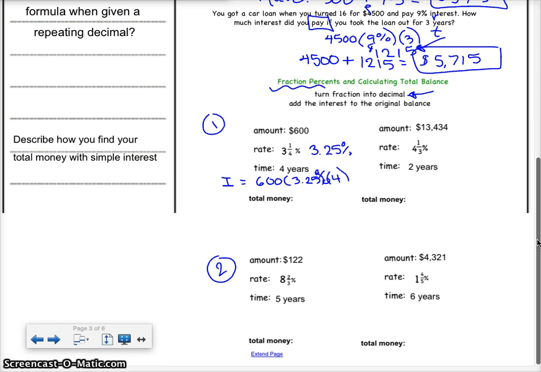Technically that translates to 325%. So the real answer is 78. Okay, so my total money would be my 600 plus the 78, $678.